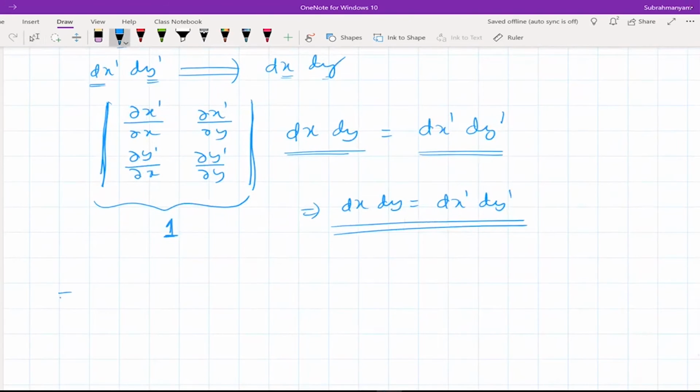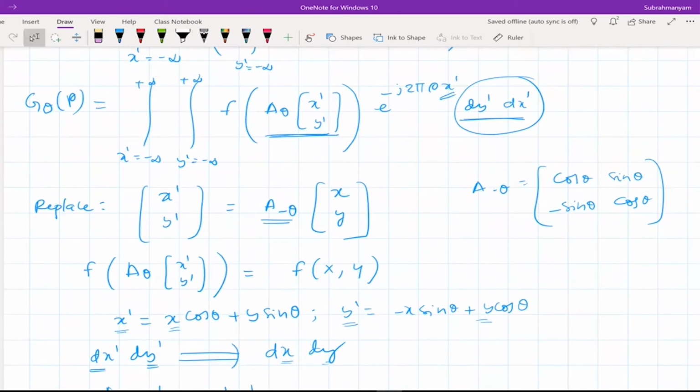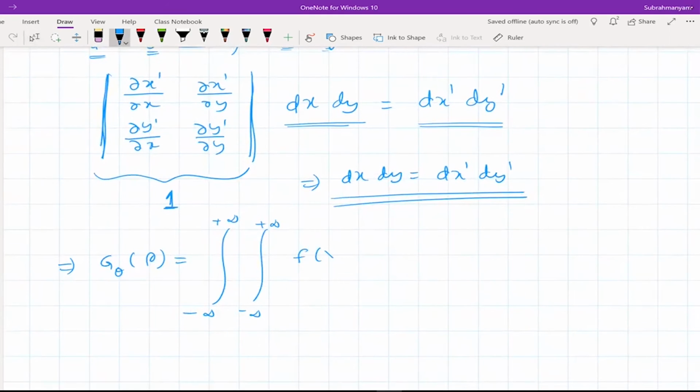What do you get now? G theta of rho is equal to, now your x and y are varying from minus infinity to plus infinity. Inside this, now this turned out to be f of xy, right?